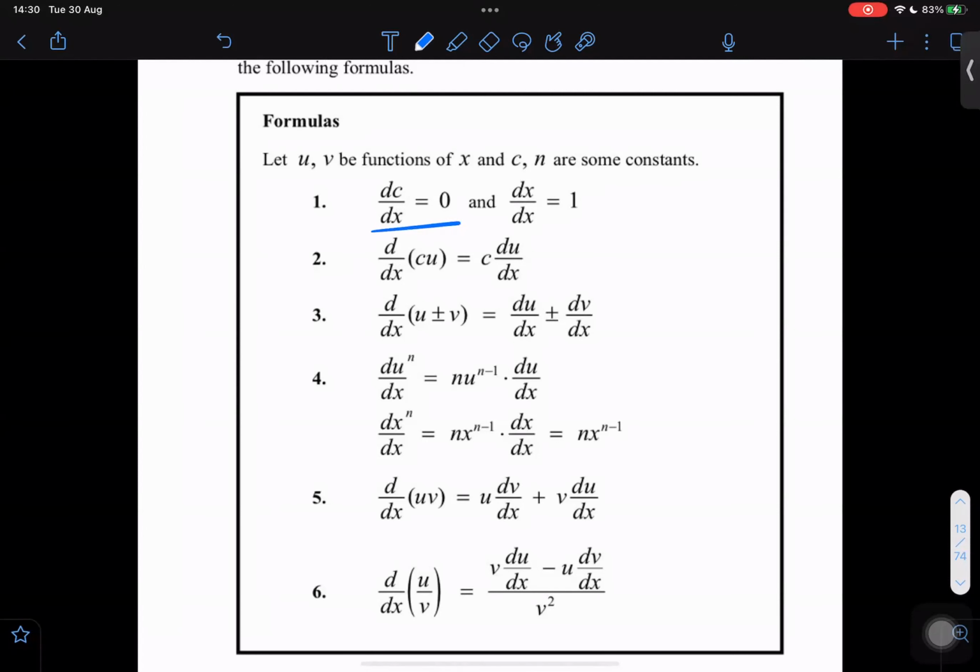Okay, the first one is very easy, right? The derivative of a constant is always 0. The derivative of -1 is 0. The derivative of 5 is also 0. And the derivative of x, when you differentiate x by x like this, is always equal to 1.